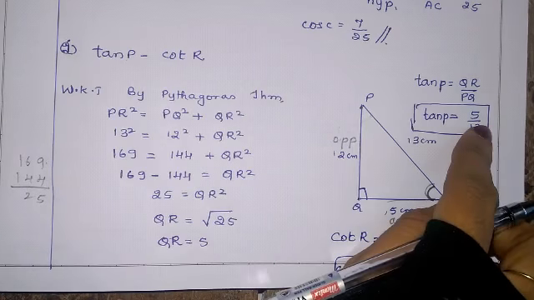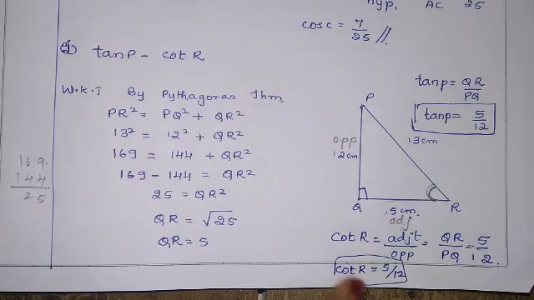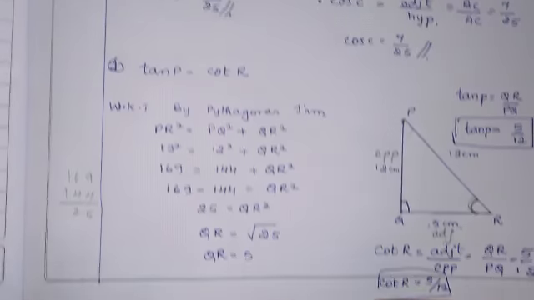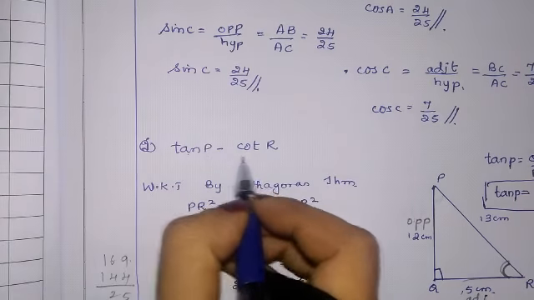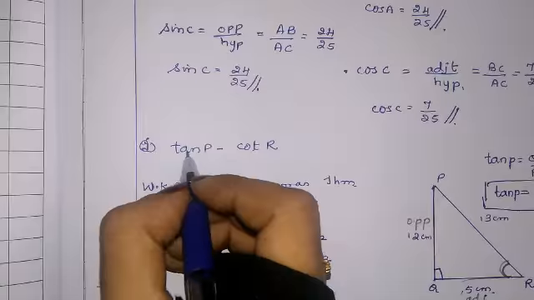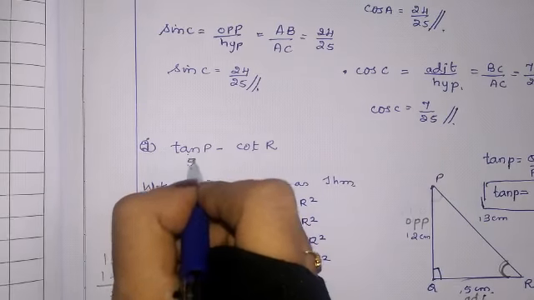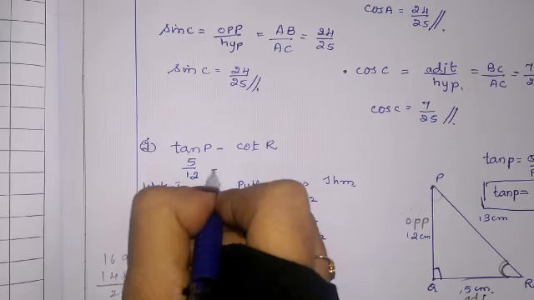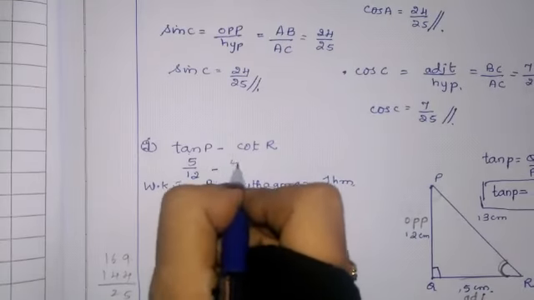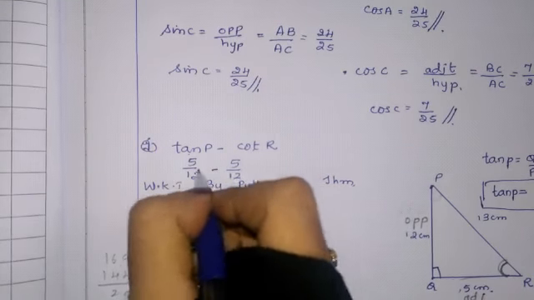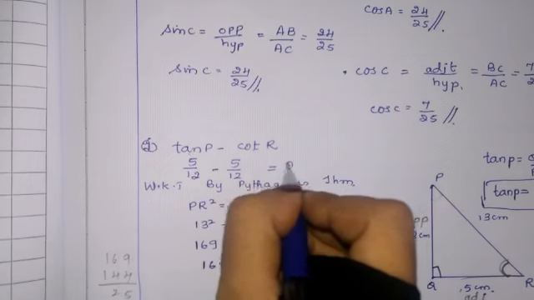Tan P also 5 by 12 we got. So cot R also 5 by 12. What they have told to find here? Tan P minus cot R. Tan P value is 5 by 12, minus cot R value also is 5 by 12. 5 by 12 minus 5 by 12 is 0.